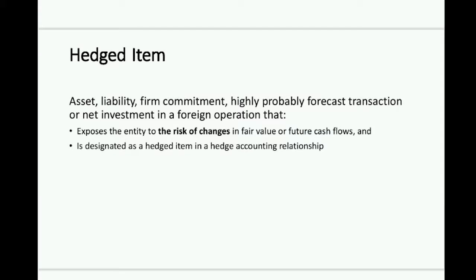And the hedged item, in short, is that thing that gives rise to the financial risk that we're now exposed to. So specifically for hedge accounting purposes, it's one of those items that exposes the entity to the risks of changes in fair value or changes in future cash flows, and is designated as a hedged item in a hedge accounting relationship. So that's our definition for a hedged item.